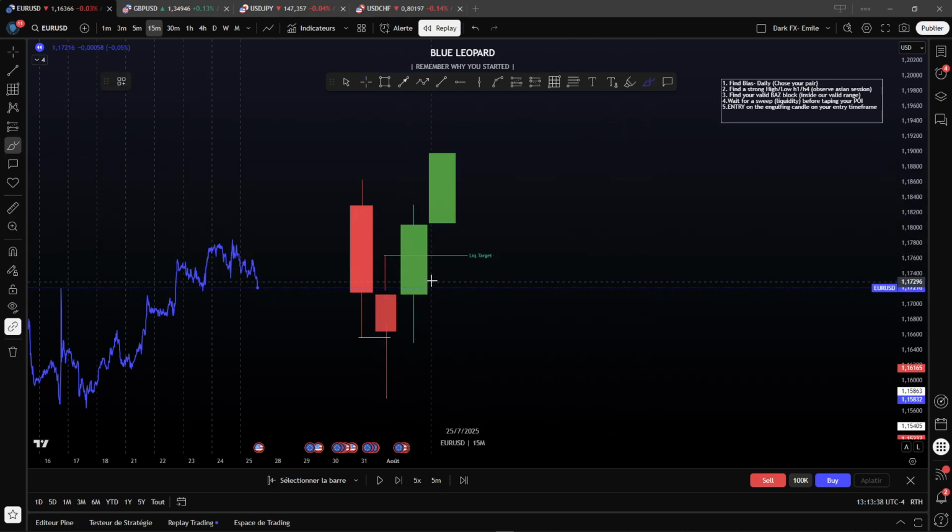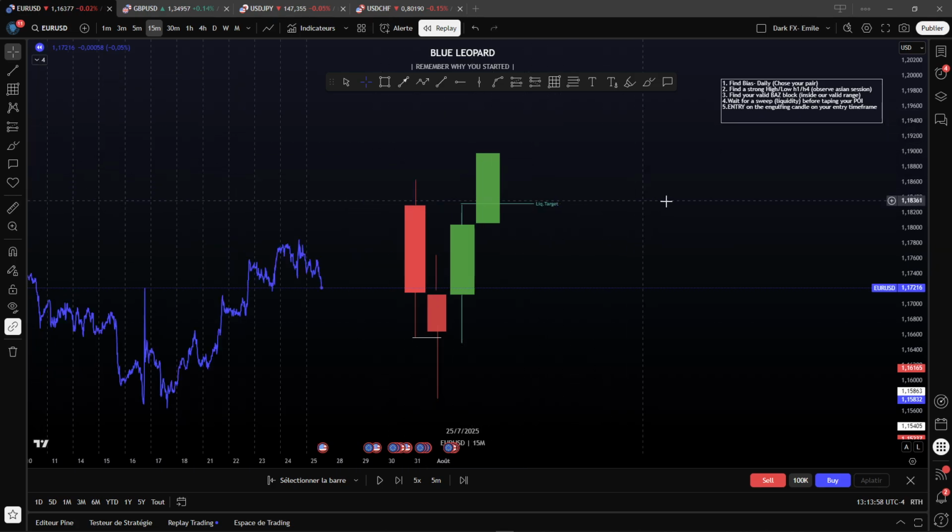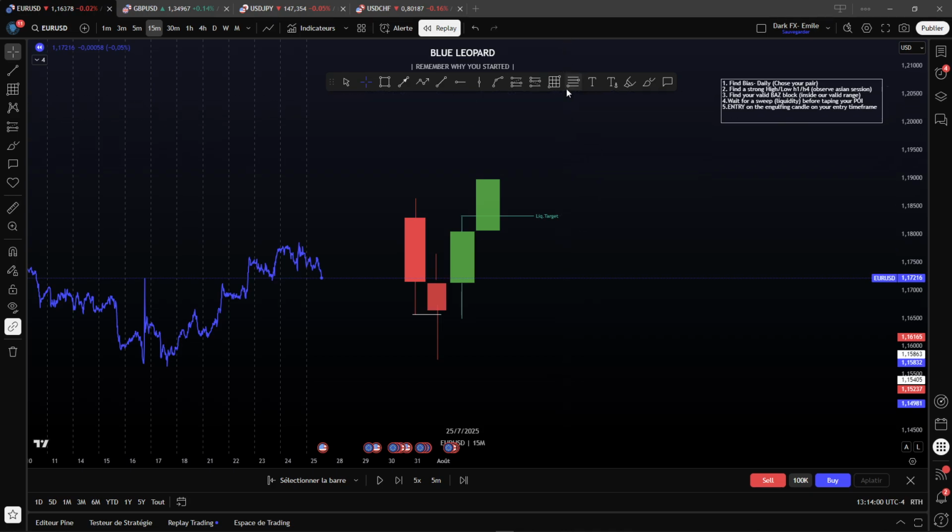We came back inside. After closing here, we know now price is going higher. But inside this reversal, at some point, you will find a strong high or a strong low. In this case, it will be a strong low, on H1 or H4. And after targeting this, after closing bullish, now we will target this one here. And that is when you can start looking at a point of interest.